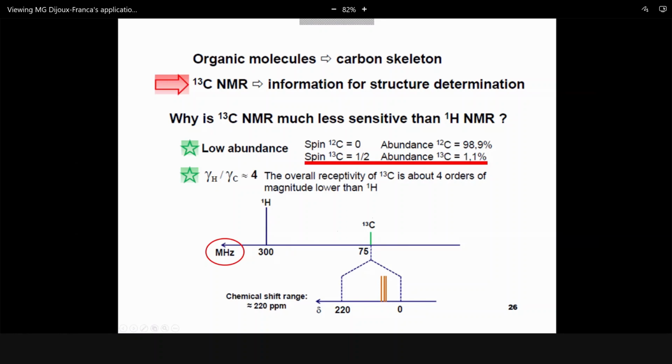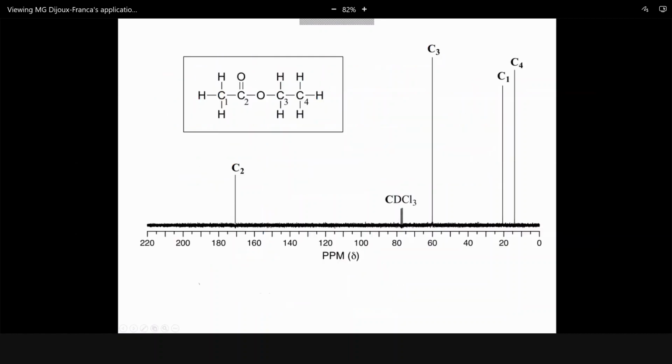We are around 75 to 125 megahertz for the value of B0. And the range of the chemical shift is from 0 to 220 ppm. So the carbon-13 looks like that. So we have the scale going from 0 to 220 ppm.